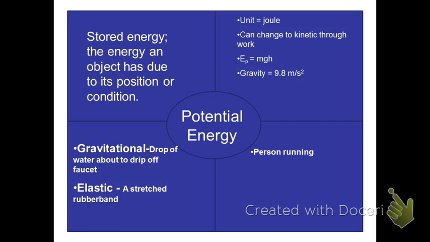Some non-examples for potential energy include a person running or a leaf falling. Why are these non-examples? Think about the difference between the examples and the non-examples. What's the difference? Megan?